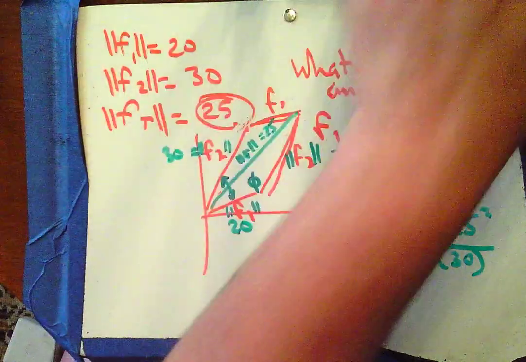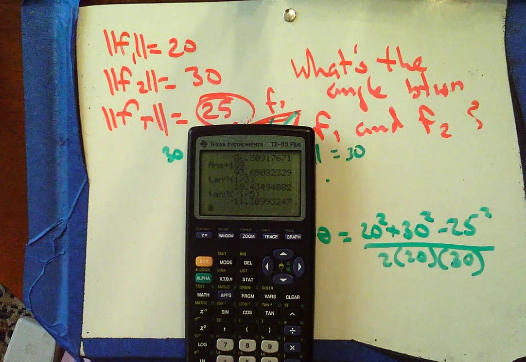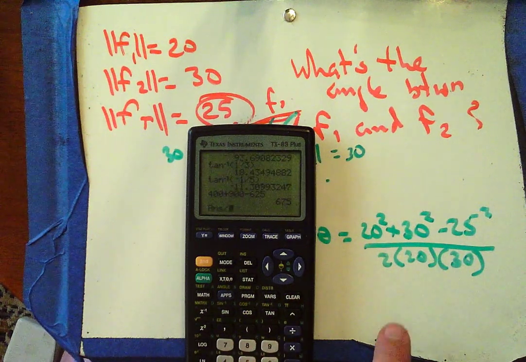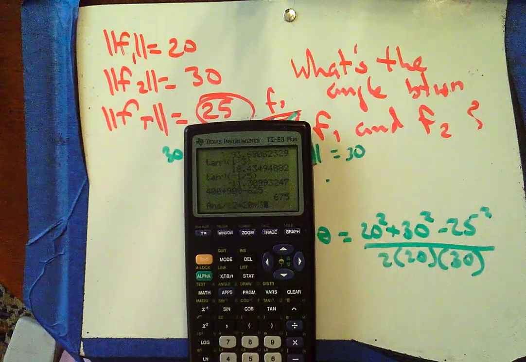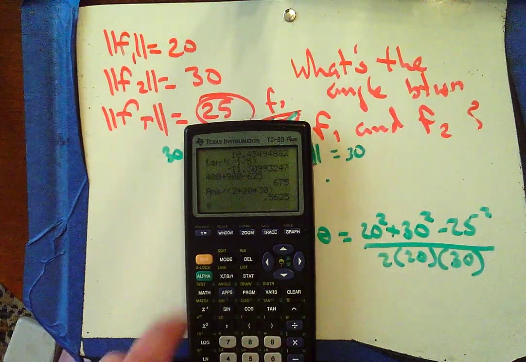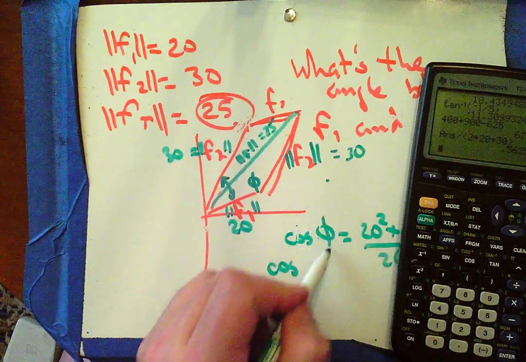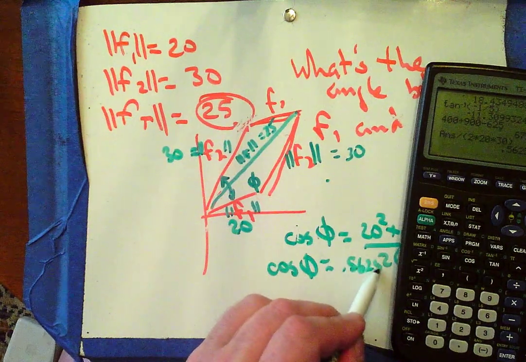So I've got 400 plus 900 minus 625 divided by parentheses 2 times 20 times 30, and I get cosine, not theta, but phi, cosine phi equals 0.5625.